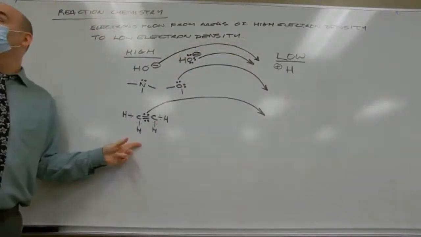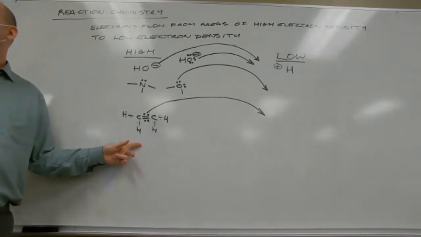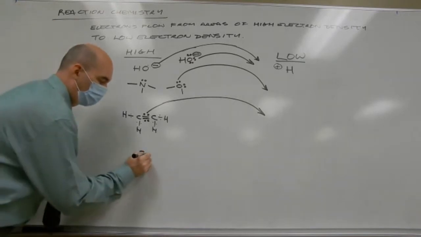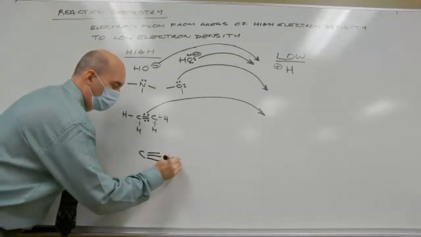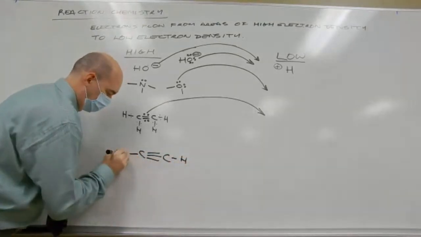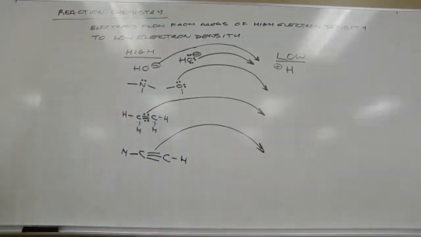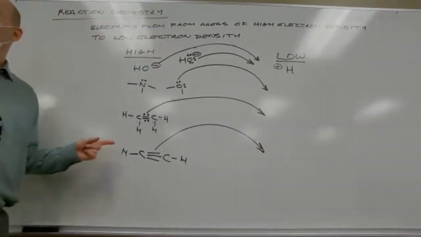Well, if alkenes are high electron density areas, what else could be? There would be absolutely no reason why an alkyne couldn't either. Yeah. And look at this.